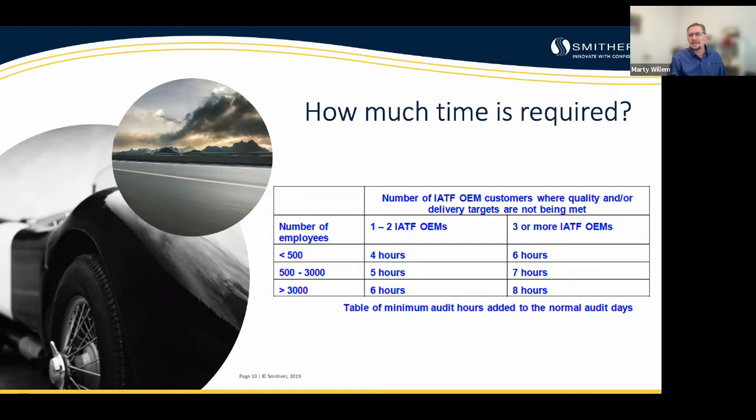We're not automatically adding the 6 hours. So it seems like a lot of time to add for 1 OEM customer, but that's what the requirement is, and we do have to demonstrate that we use that time accordingly.